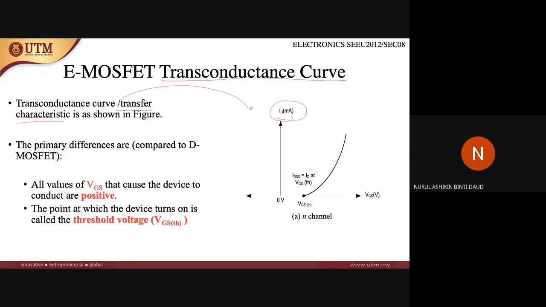It is referring to the same graph, ID versus VGS, shown in the figure, and the primary difference compared to the MOSFET is that all values of VGS should be positive, because the MOSFET is working in enhancement mode, and enhancement mode requires VGS to be positive.